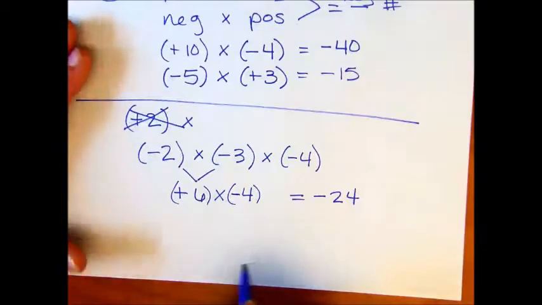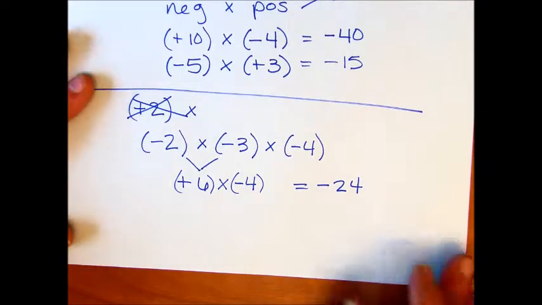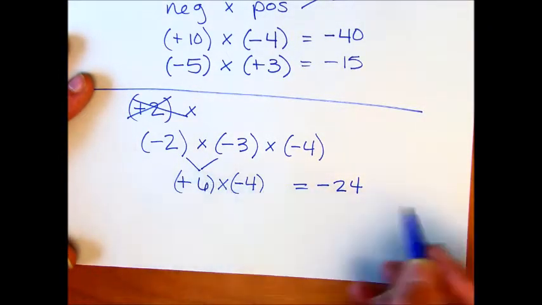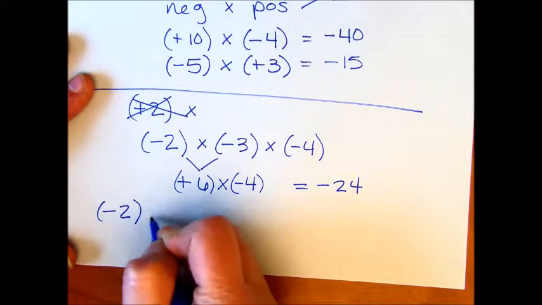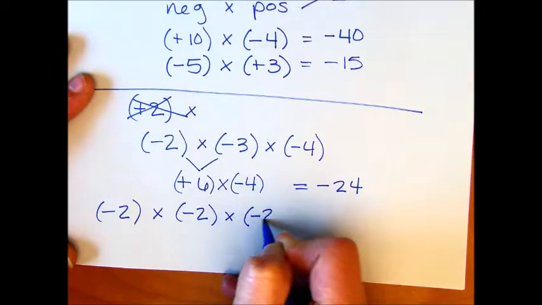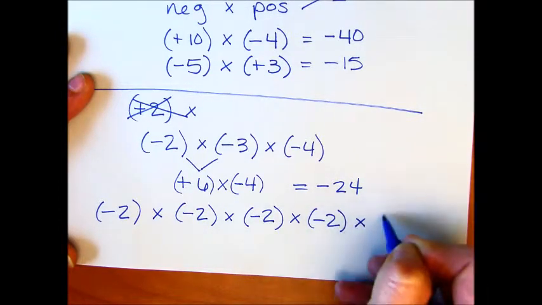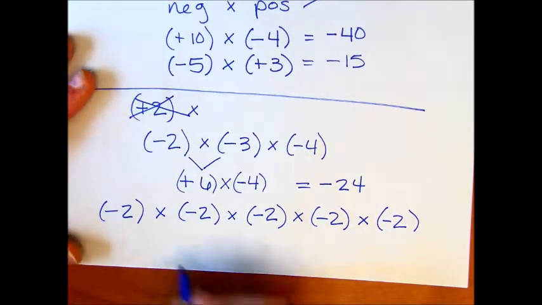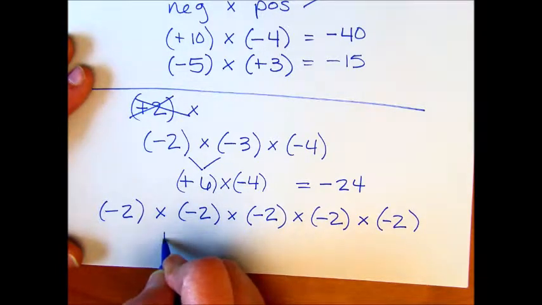Let's do one more. Let's say we have 5 negatives, and let's see if we get a negative. I'm just going to use 2's because I don't want to create a large problem multiplying here pretty quickly. So negative 2 times negative 2 times negative 2, and so on. 1, 2, 3, 4, 5. Okay. So negative 2 times negative 2 is going to give me a positive 4.